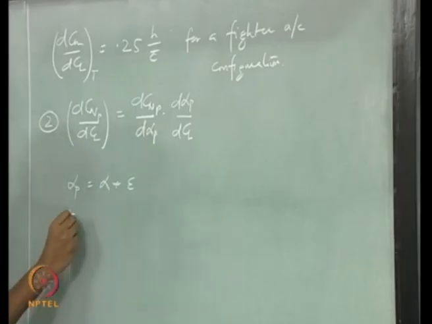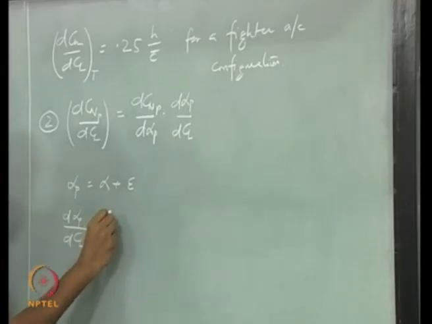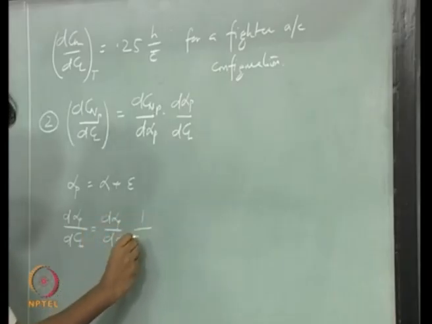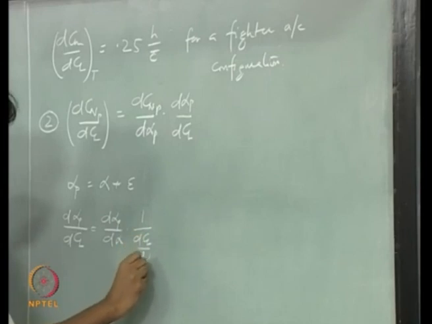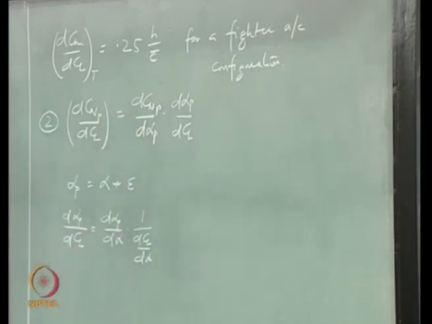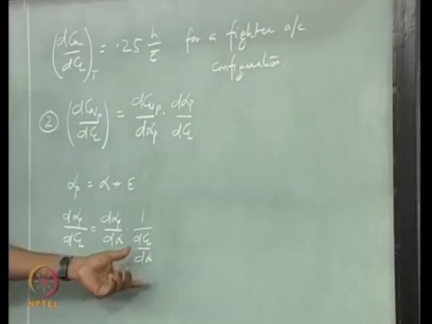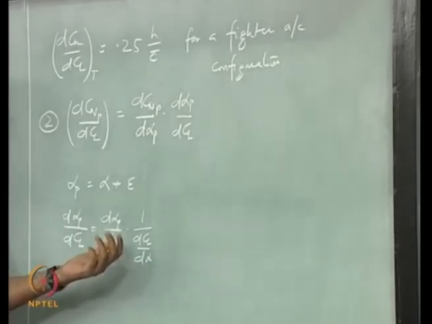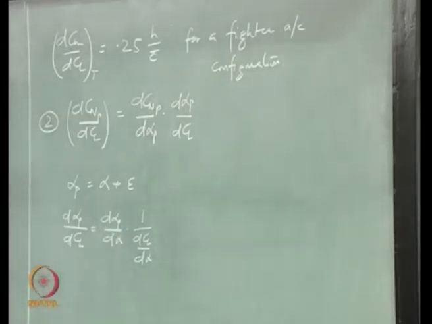And for this, we can approximate it to be that of the wing, because there is not much lift produced on the tail, as I said earlier.